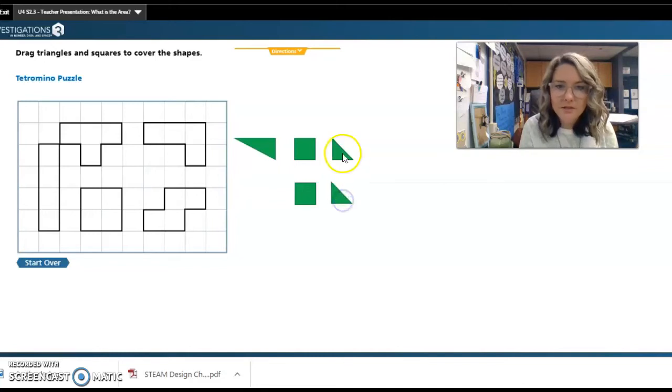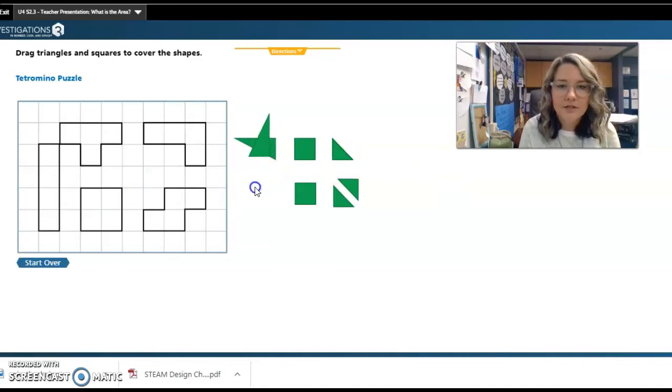Well, if I were to put 2 of these together, it would make 1 square unit. Let's see, I'm having trouble getting it to move. There we go, 1 square unit. So 1 triangle would be 1/2 square unit, okay?